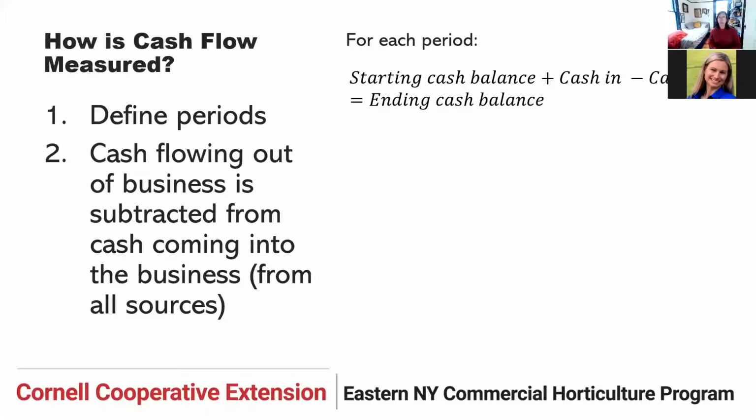It could be a parking ticket you had to pay, all the cash that's coming out of your business. And then that's your ending cash balance. So every business has, in the period, a starting cash balance and an ending cash balance. And that's how you measure cash flow over the course of that business period, that business cycle.